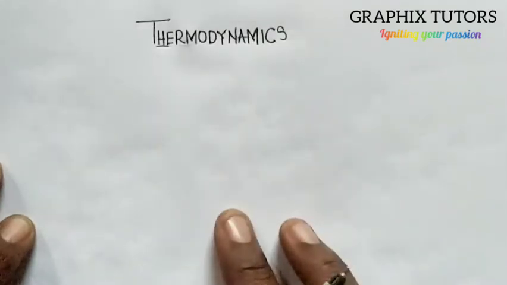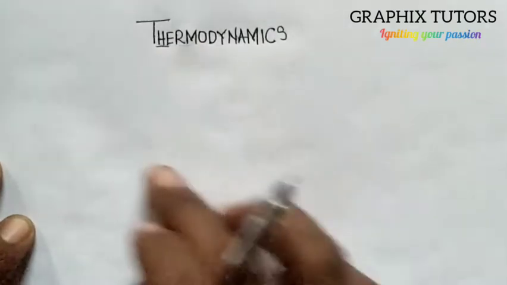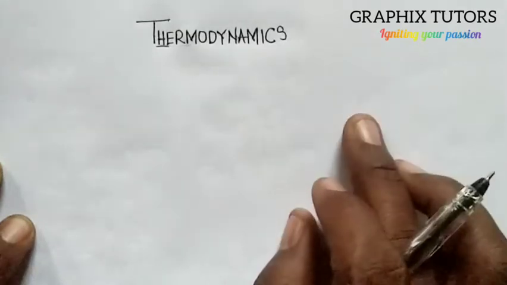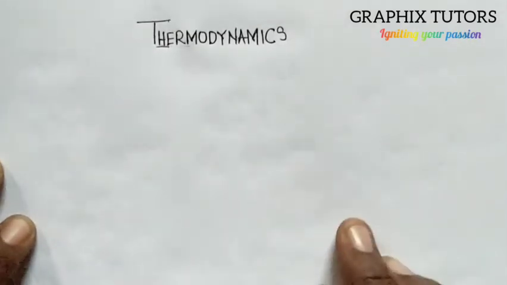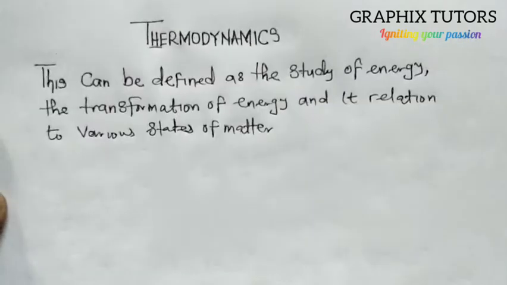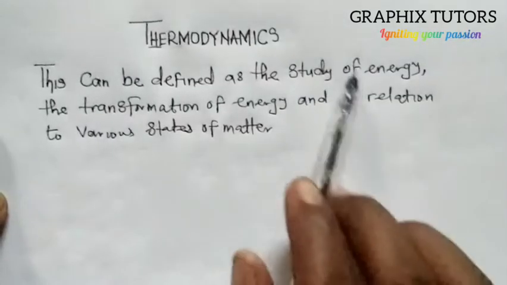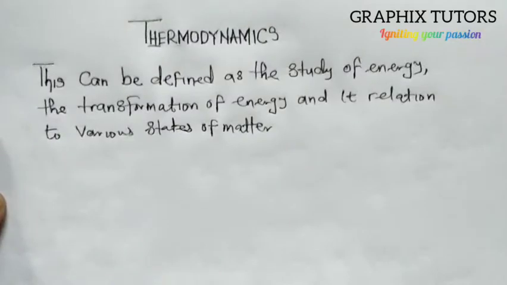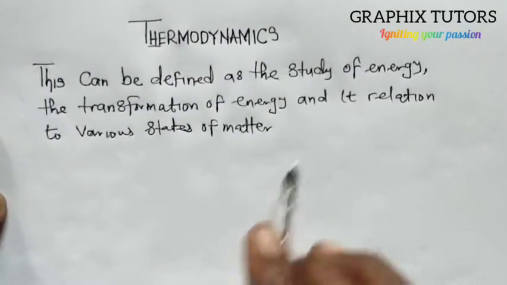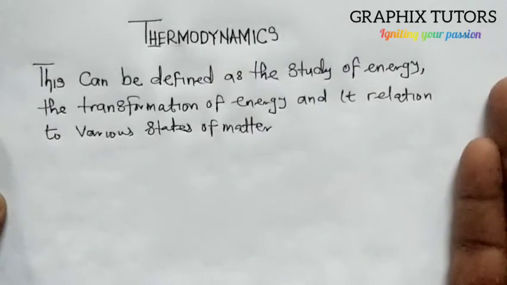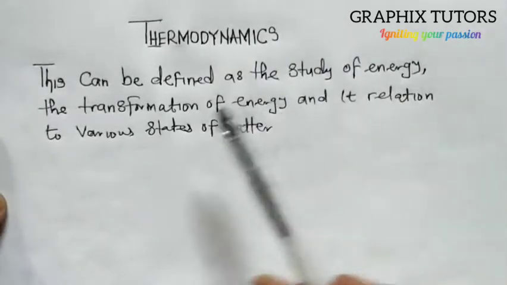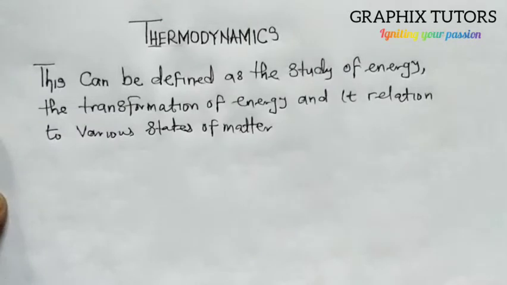Energy, the transformation of energy from one form to another, and in relation to different states of matter, right? So, to be able to analyze or understand energy, we need to study energy and how this energy is being transformed from one form to another.